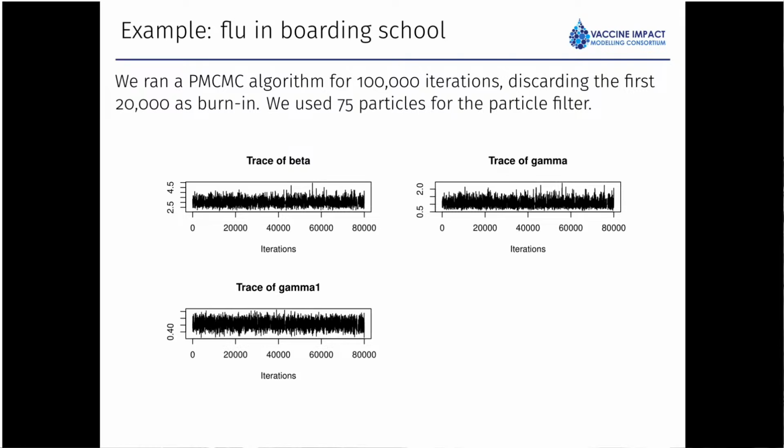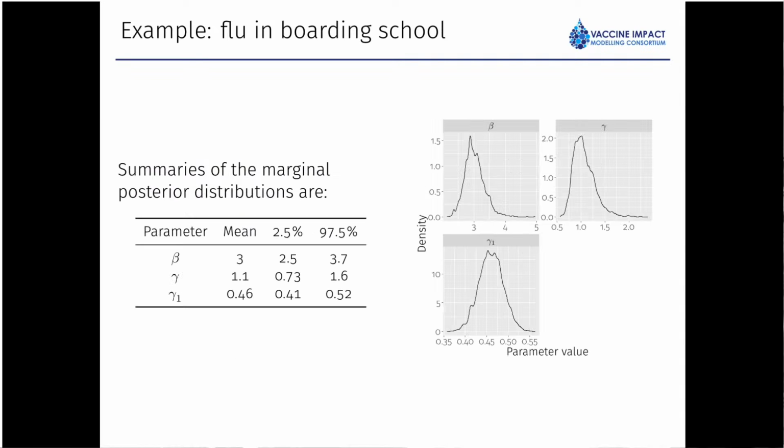Again, once you've got the Particle MCMC running, the rest of it just falls out like a standard Bayesian analysis, right? So I see when my model's converged, I throw away the burn-in. Here I've thrown away 20,000 samples, and I've used 75 particles for the particle filter, okay? So each of these estimates is derived from 75 particles. And you can see that this converges and mixes nicely for the 3 parameters, beta, gamma, and gamma 1.